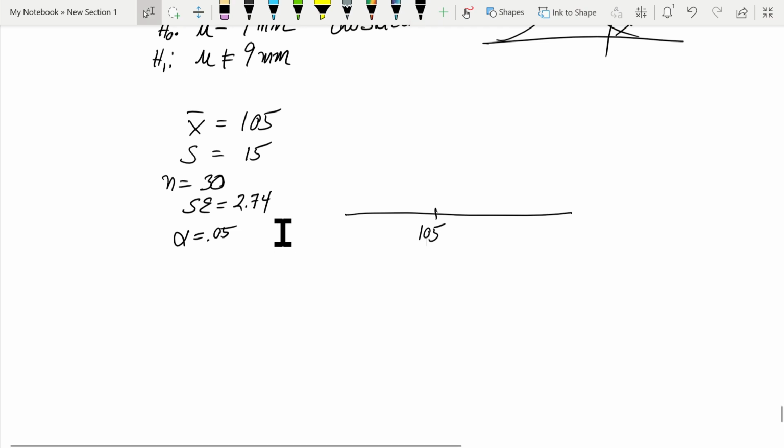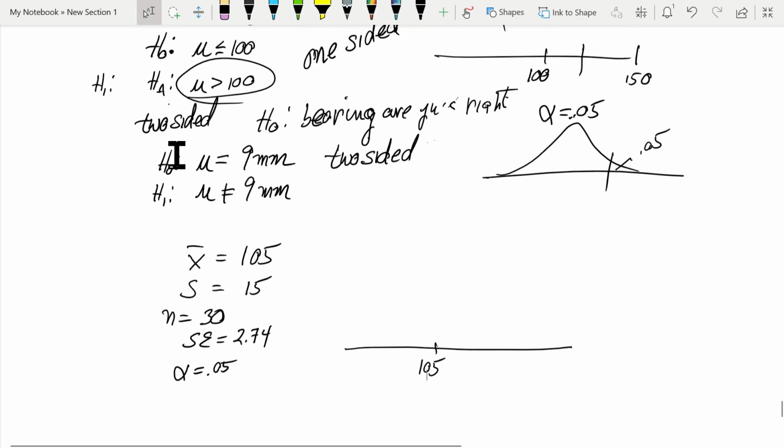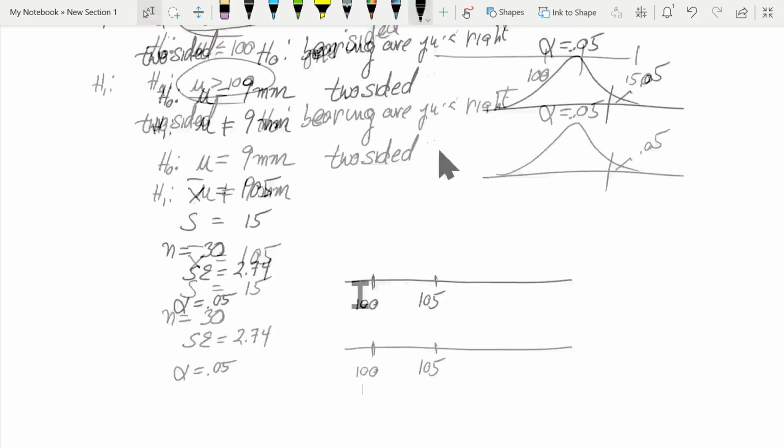This is a two-sided or a one-sided experiment, and all I need to do is, here's 100. Is 105 in the tail of 5% mistake?